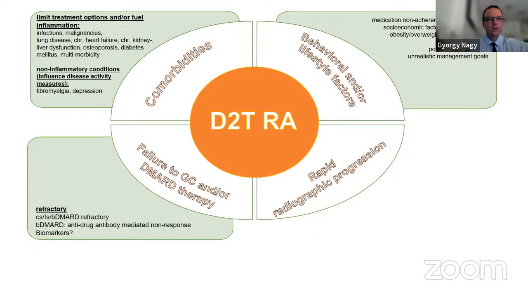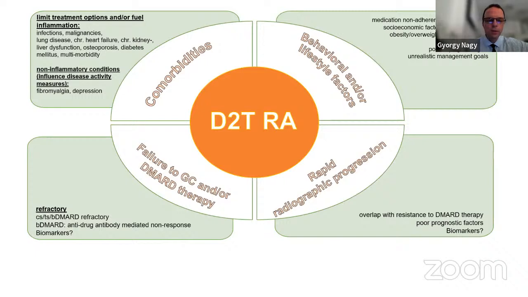I think it's not really necessary to explain in detail that failure of different kinds of medications, including conventional synthetic, targeted or biological DMARDs, are very important aspects of difficult to treat rheumatoid arthritis, and sometimes biological DMARDs promote the generation of anti-drug antibodies, which are a potential reason of difficulty in treatment. Rapid radiographic progression is obviously another potential reason of being difficult to treat.